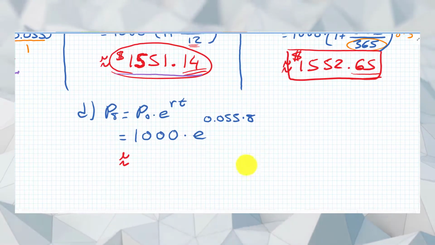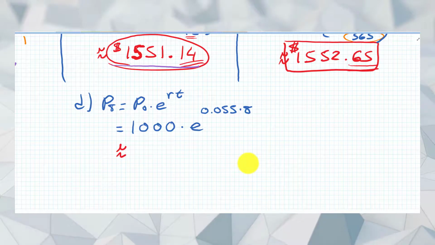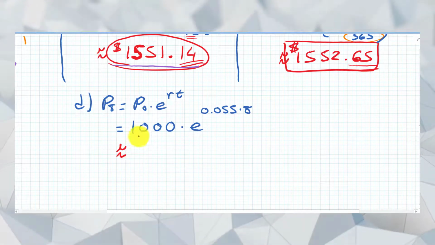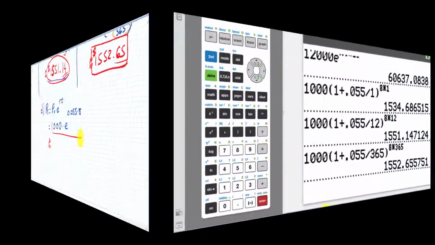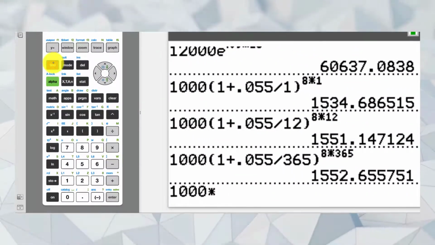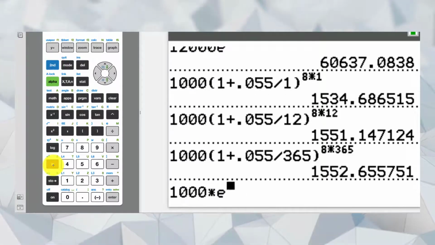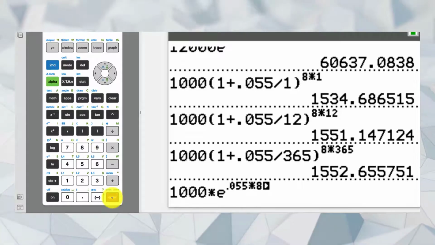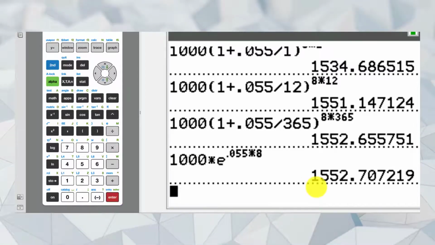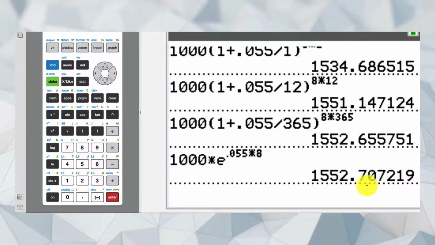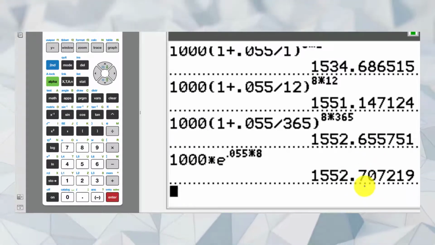So finally, let's see what happens when we compound all the time, okay, continuously. I need to enter this formula now. And so I have 1,000 times second log, that's e to the power of 0.055 times 8, and it is $1,552.70. So it's barely better than compounding daily.